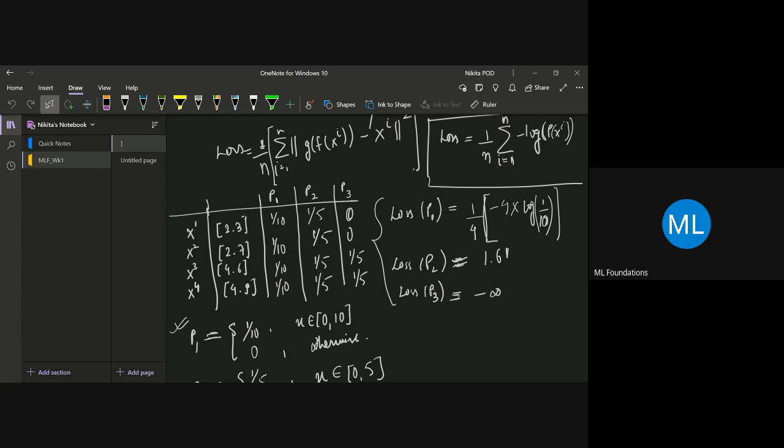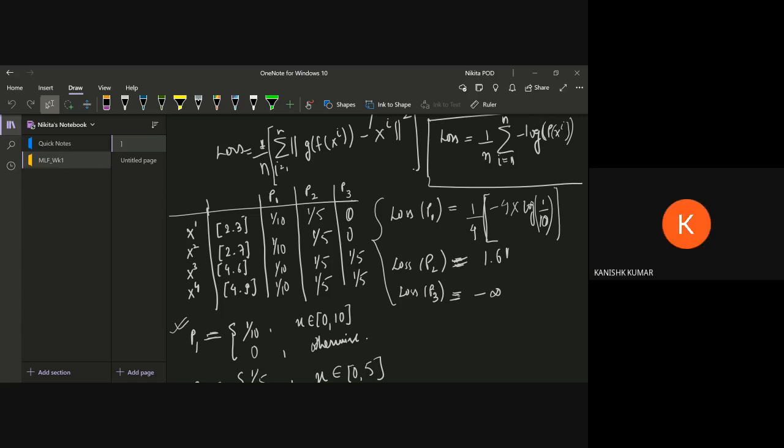So hence we should select the P3 model. In a way it is a better model. Not the P2 is a better model.